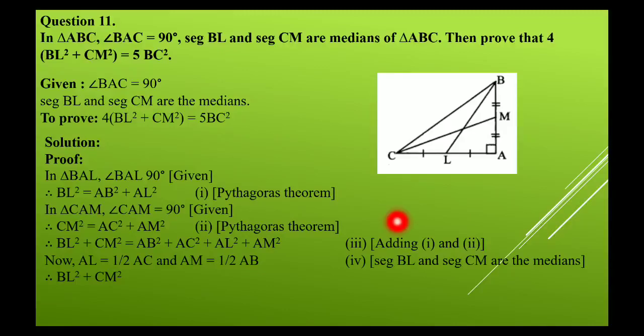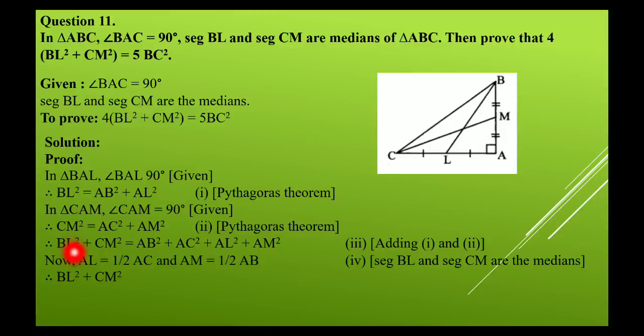Now since we know that segment BL and segment CM are the medians, AL is equal to half of AC and AM is equal to half of AB.